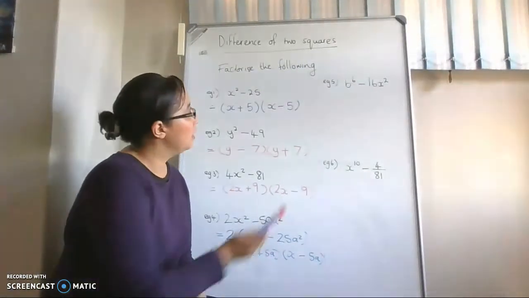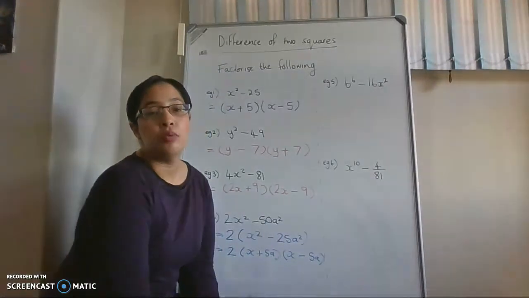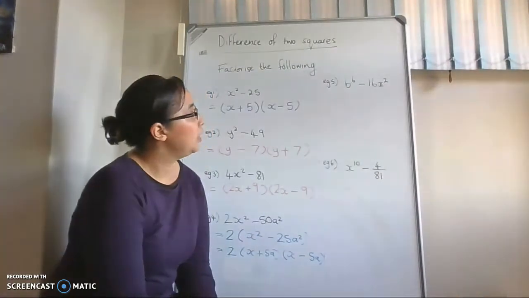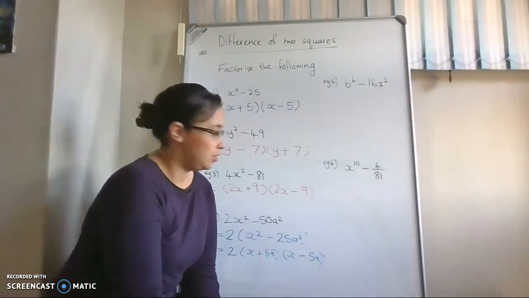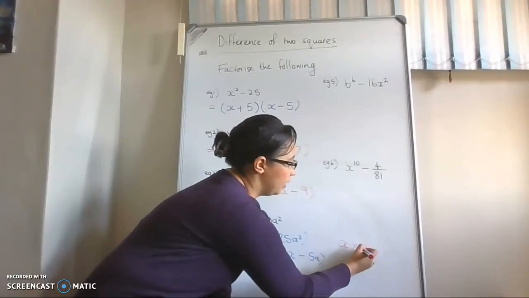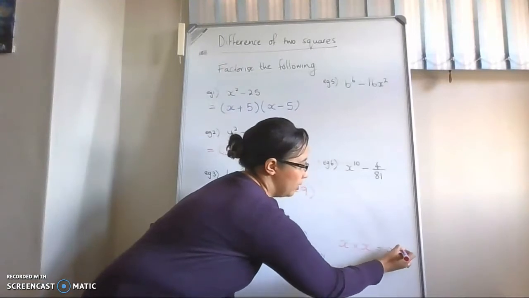Now these two over here have something slightly different. When we have a perfect square in terms of our variables, we need to think about what our options are. If I've got x times x, that gives me x squared.